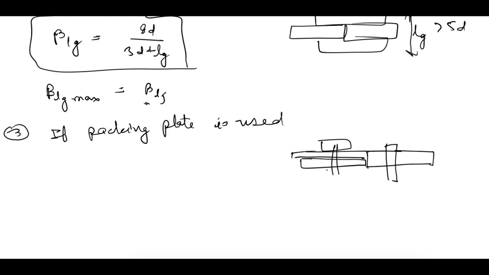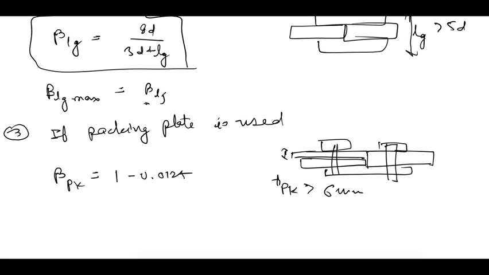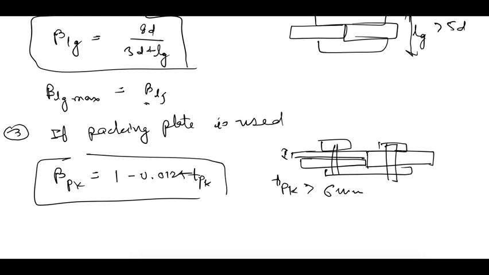So in this case, the code says that we have to use a reduction factor, that is beta pk. In this case, it is equal to 1 minus 0.0125 tpk, and that happens when the thickness of packing plate, let's say this is tpk's thickness of packing plate, if it is greater than 6 mm, then we have to apply this correction factor, that is 1 minus 0.0125 tpk, and thickness would be in mm.